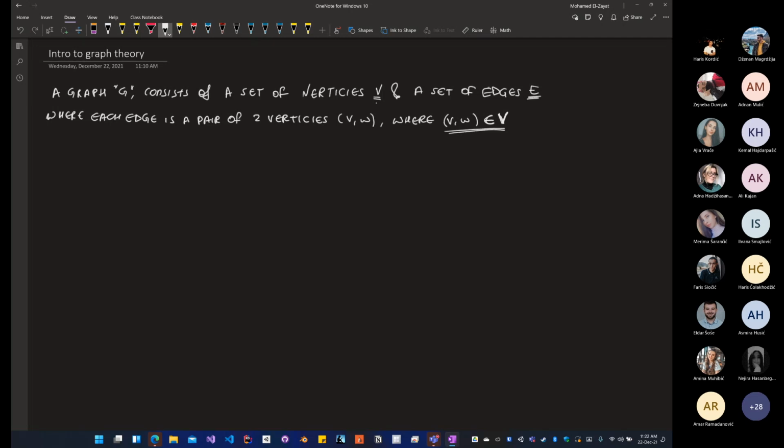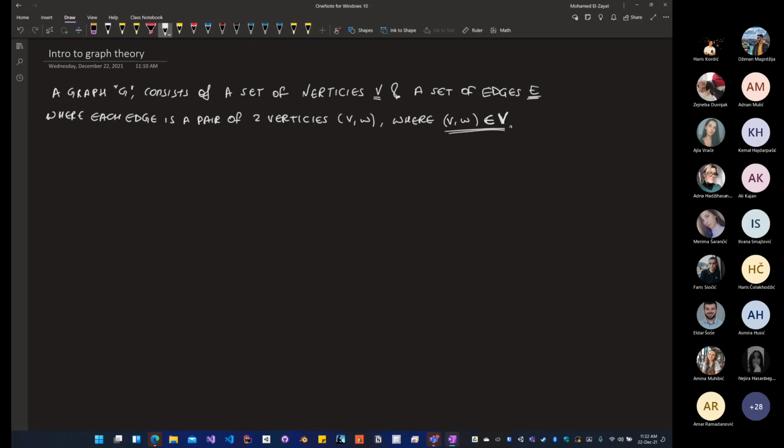If you define a list of vertices and a list of edges, you define a graph. And these V and W, the vertex 1 and vertex 2, are not outside of that array, not outside of the data structures. That is actually important to mention here.